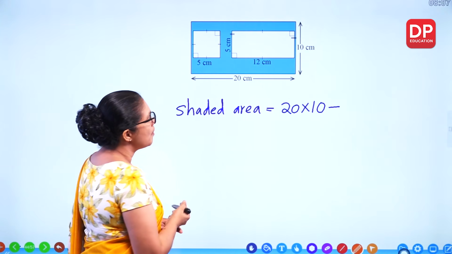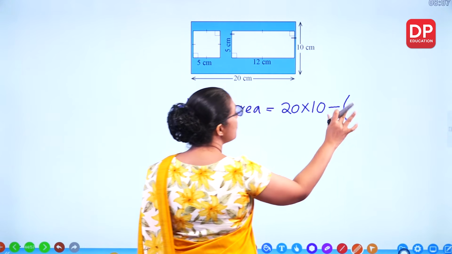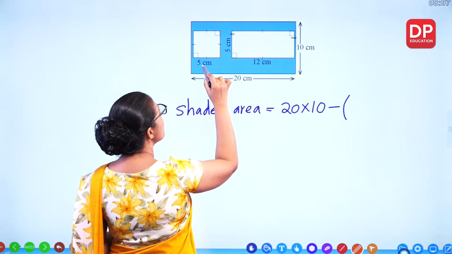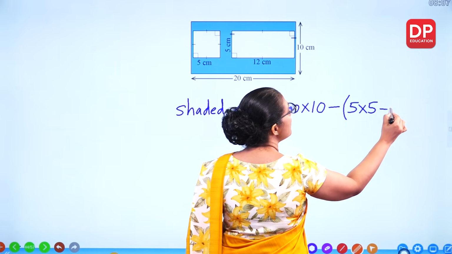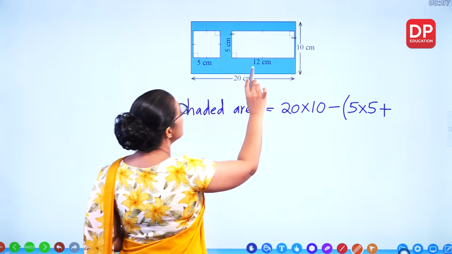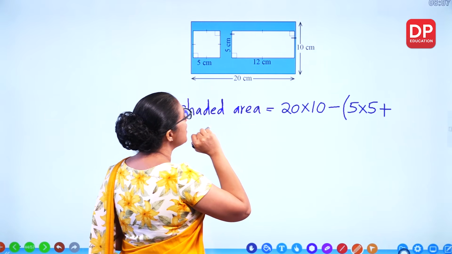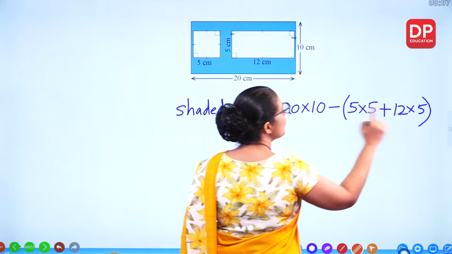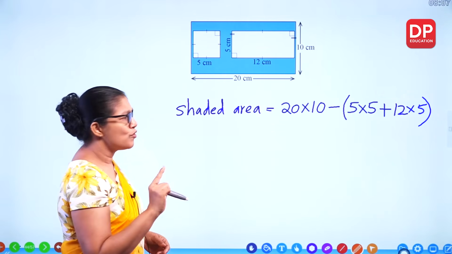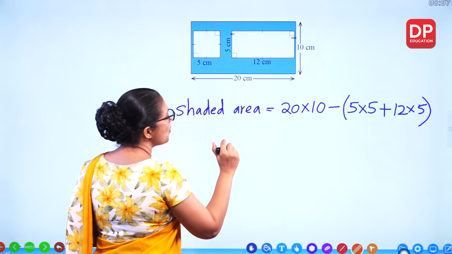So we'll put a bracket here. We can do it at once. So this is a square. 5 times 5. And we have to add it. What's the area of the rectangle? 12 times 5. You can do it separately if you don't want to do it at once.